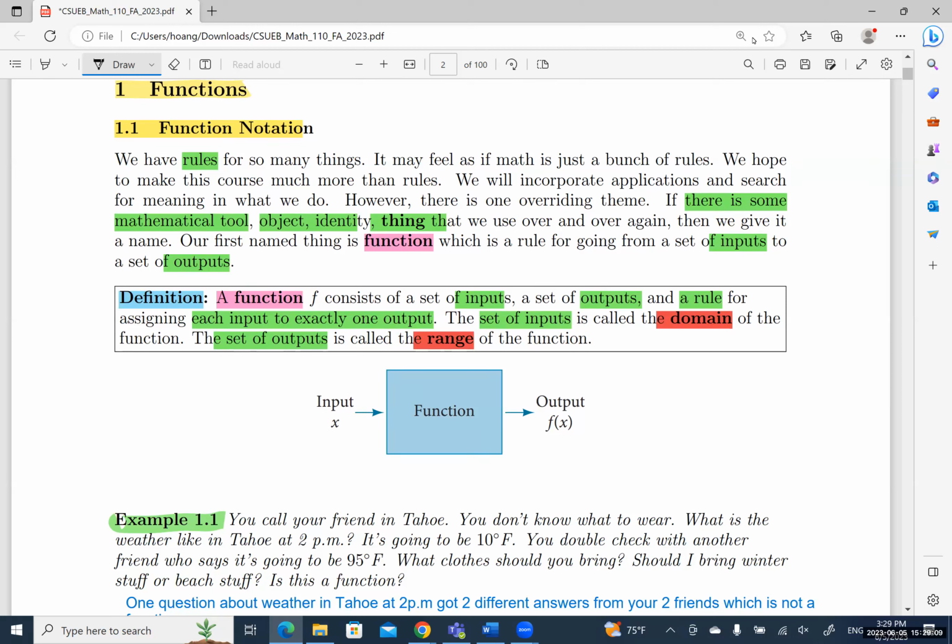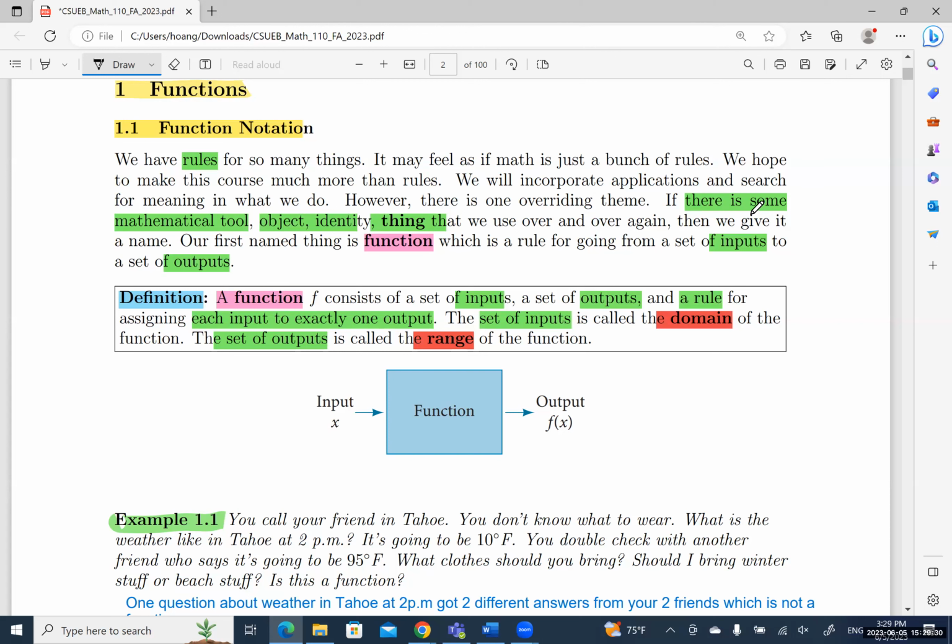It may feel as if math is just a bunch of rules. We hope to make this course much more than rules. We will incorporate applications and search for meaning in what we do. However, there is one overriding theme.